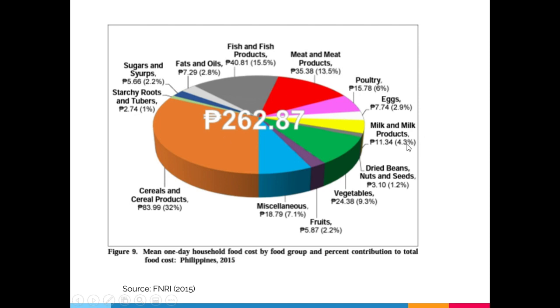Ang milk 4.3 lang kay ang Filipino diet di man gyud kaayo into dairy. Okay? Sugar is 2.2%, very high. Fats and oils 2.8, okay lang.